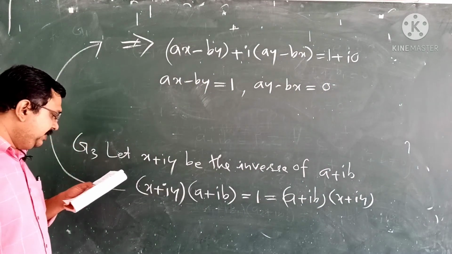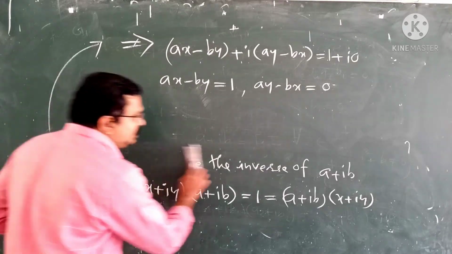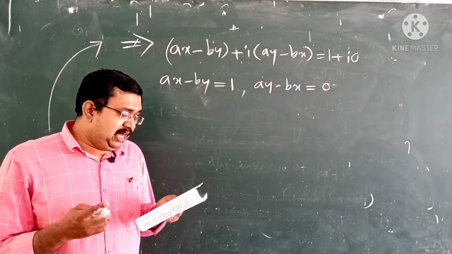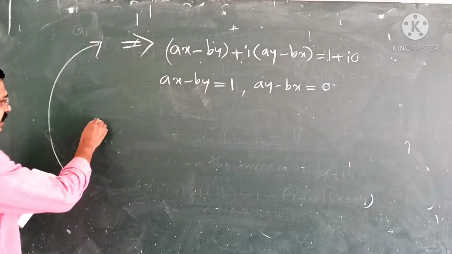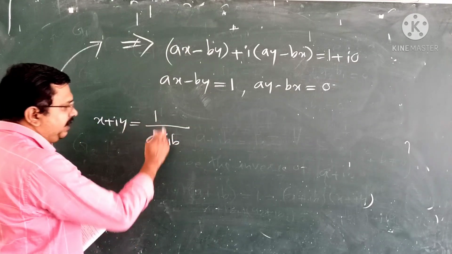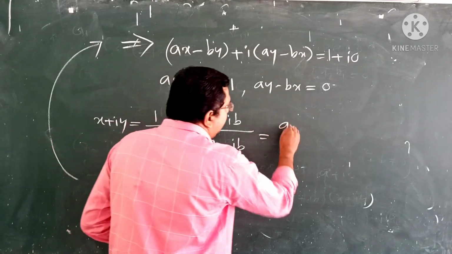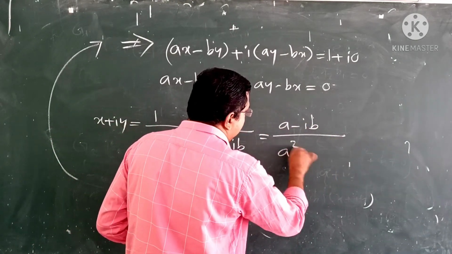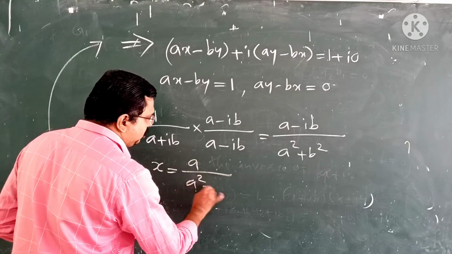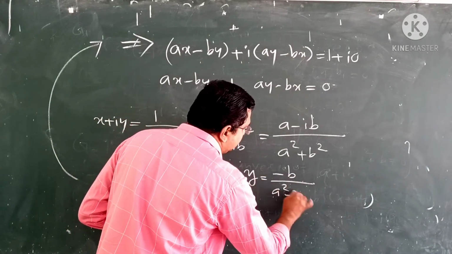Okay, then it is clear that, just listen, if x plus iy is the inverse of a plus ib, then this can be written as into a minus ib divided by a minus ib, that is equal to a minus ib divided by a square plus b square, that is x equal to a by a square plus b square, that is the real part, and then y equal to minus b by a square plus b square.